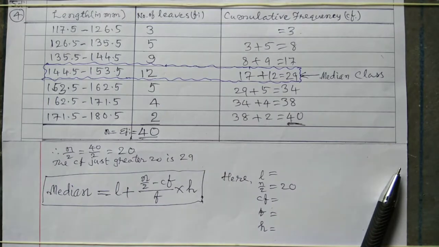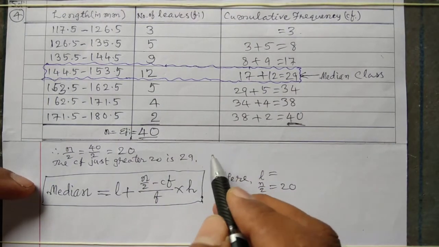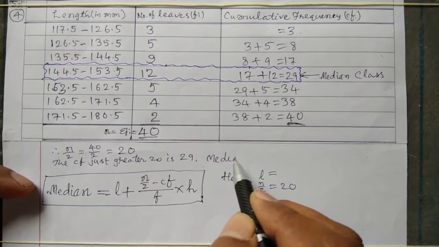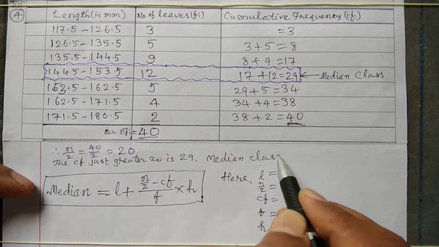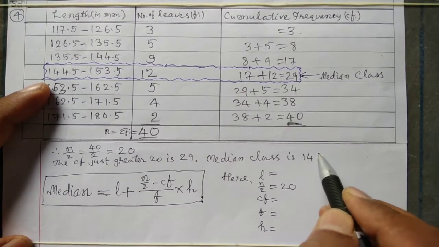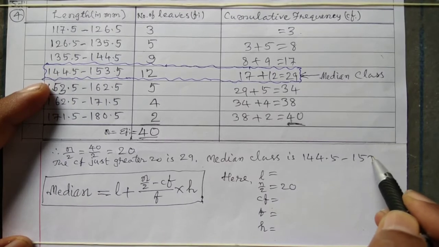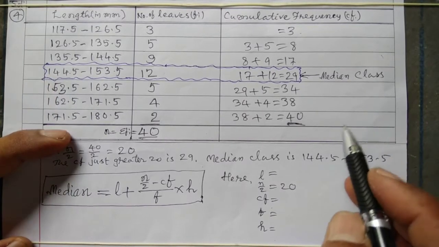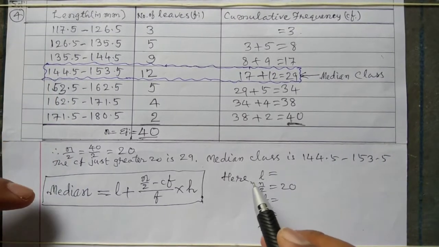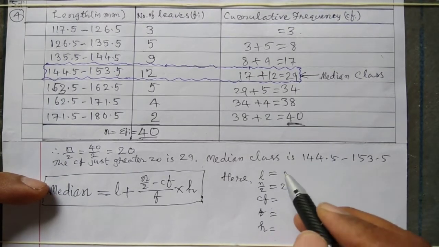After getting the median class, the median class is 144.5 to 153.5. Basing on this median class, we can find all these values easily.